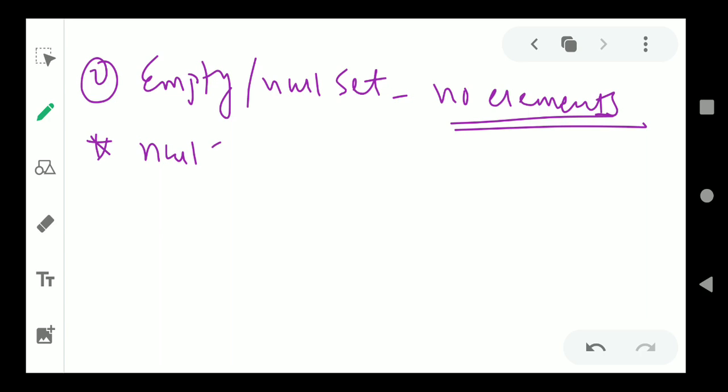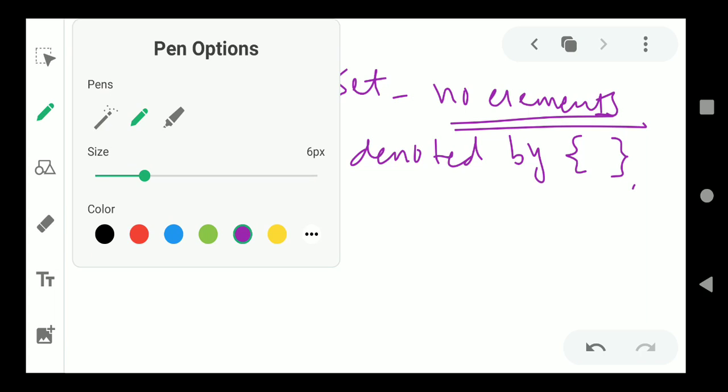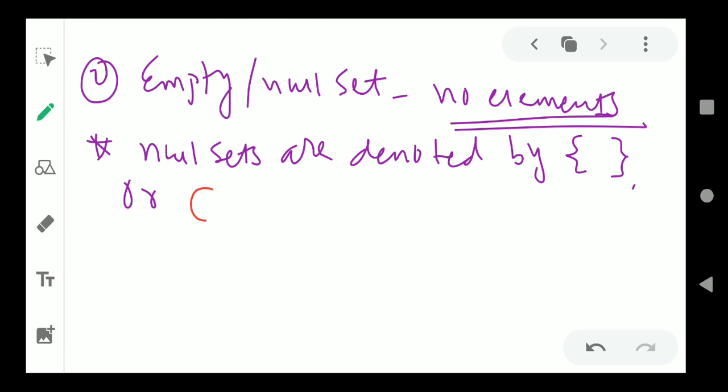Null sets are denoted by only putting curly brackets with no element shown, or by a special letter known as phi.